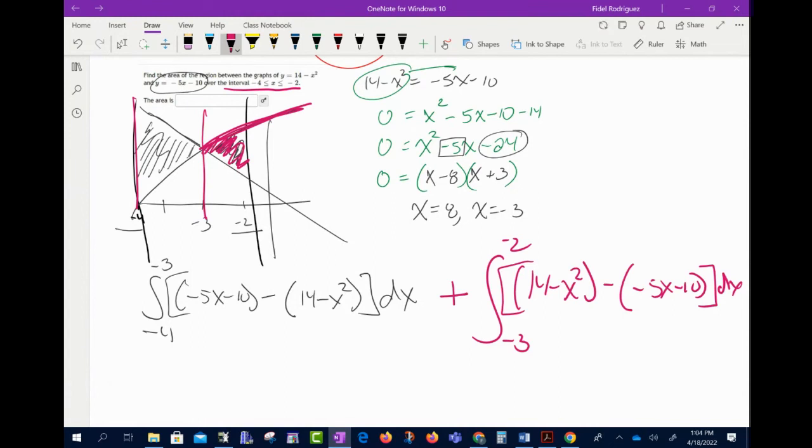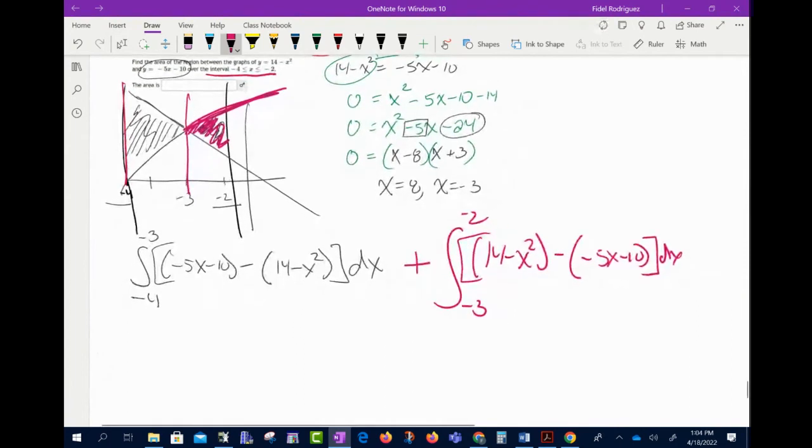Okay, so look, we're going to do it real slow to make sure that we're good. Let's see. Integrating from negative 4 to negative 3, that's a negative 5x minus 10, minus 14, plus x squared dx.